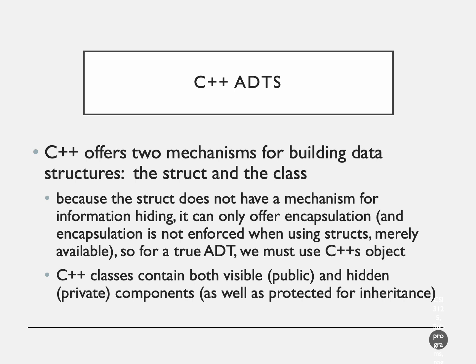Okay. Now, in C++, we have two primary tools for defining abstract data types, structures and classes. While both can hold data and define operations, the structure lacks built-in mechanisms for information hiding. Now this means it can be used for basic encapsulation, but true encapsulation is not enforced.